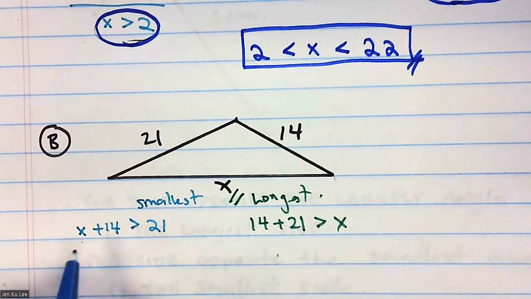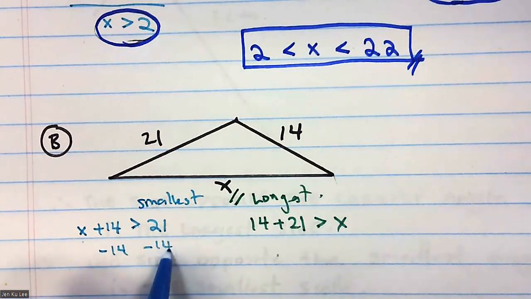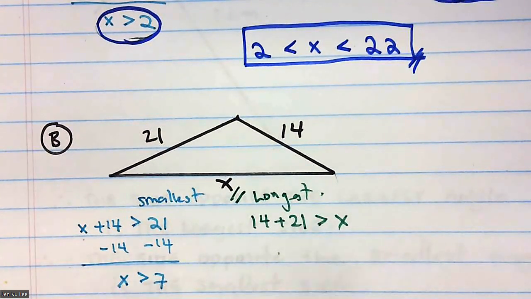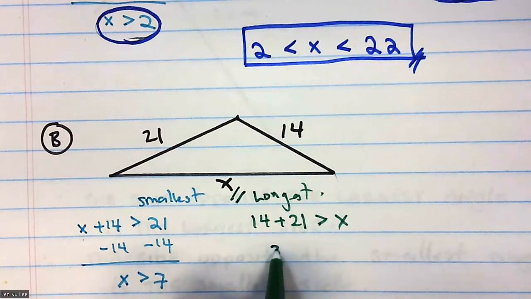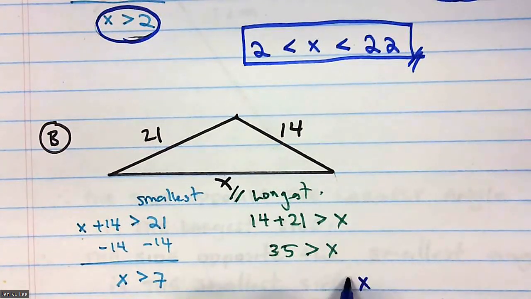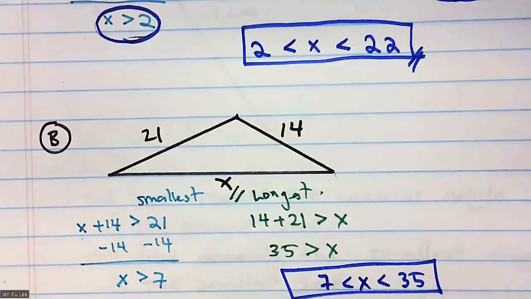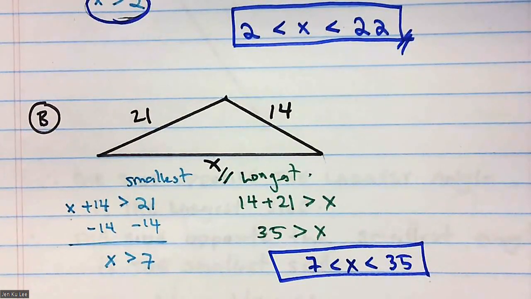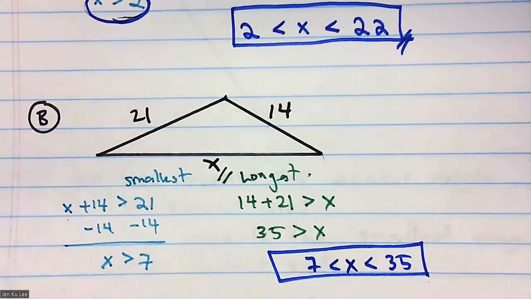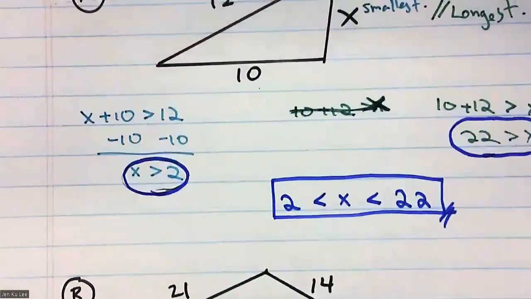Doing the math, subtract 14 on both sides: x is greater than 7. And here, 14 plus 21 is 35, which needs to be greater than x. So x is between 7 and 35. That's how it's done. Do you have any questions about finding the range of values? No? Okay.